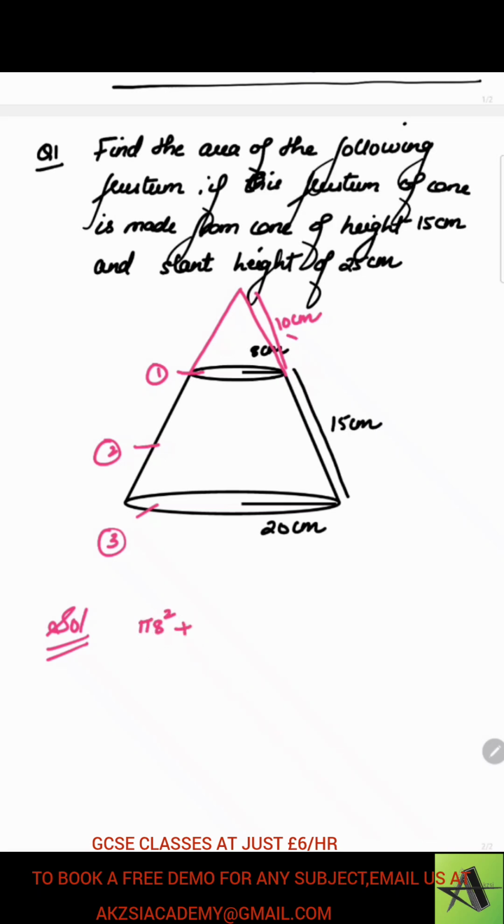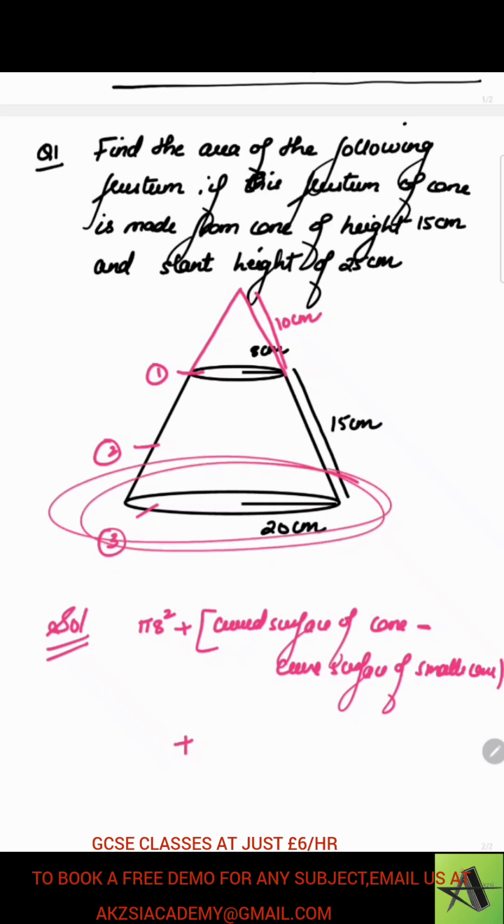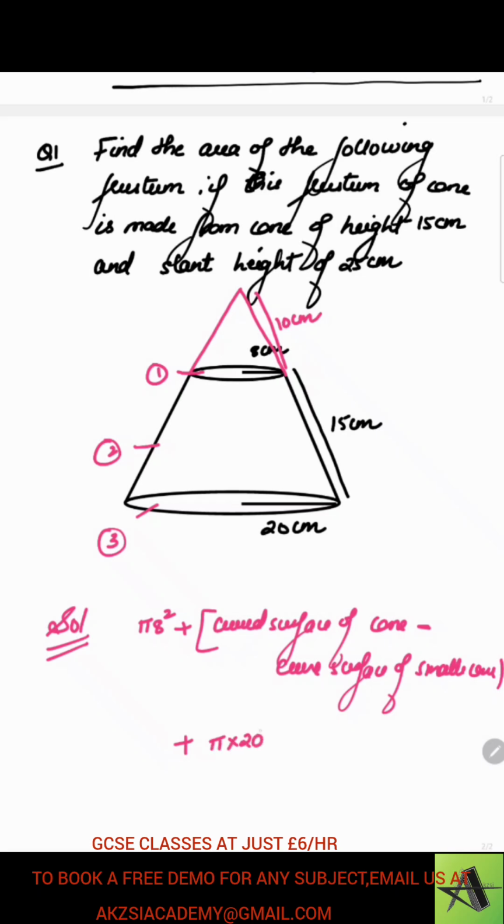For this one, r is 8 centimeters, so pi 8 squared plus, now we have to calculate this curved part, which I told you, you first have to calculate the curved surface of cone minus curved surface of smaller cone plus pi r squared, that means area of the bottom one, which is pi times 20 squared.